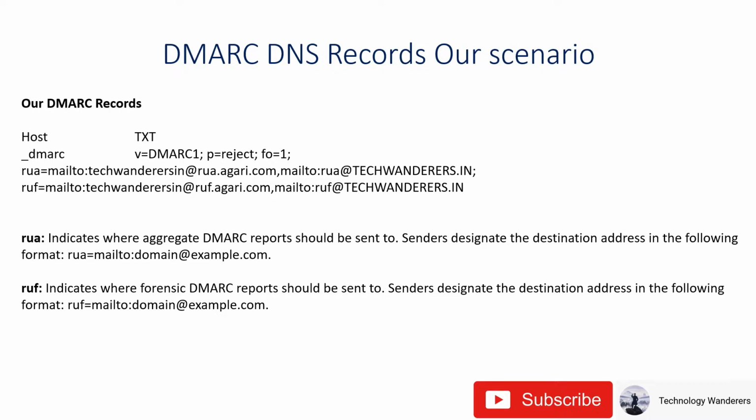These reports are very useful to analyze whether your DMARC policy is treating any legitimate email as false, and you can easily rectify those things after referring to the reports. So let's go to our tenant and see if we have our records enabled or not, and if not, we will create each and every record, publish it in DNS, and configure it in Office 365.